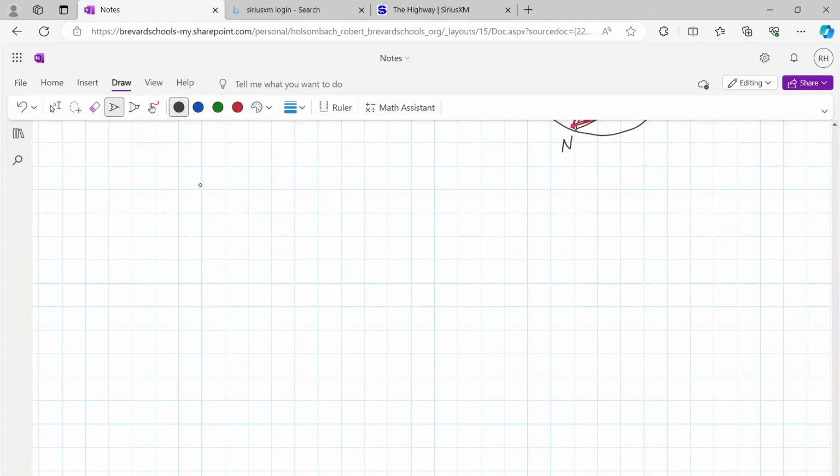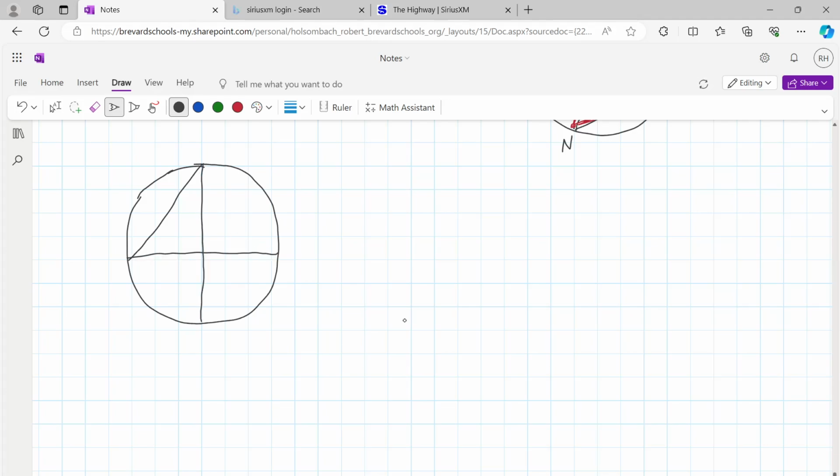We've got this circle, C, D, E, F. And we're told that angle D in here is 40 degrees. Arc DE is 98 degrees.